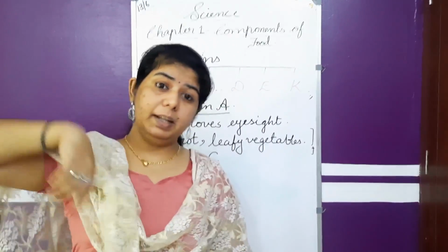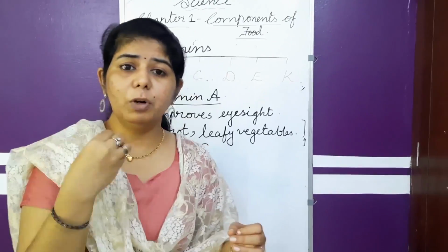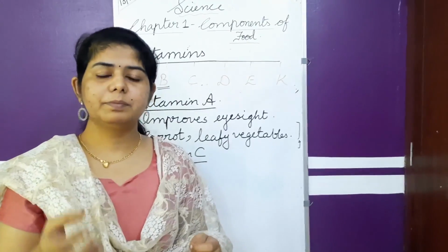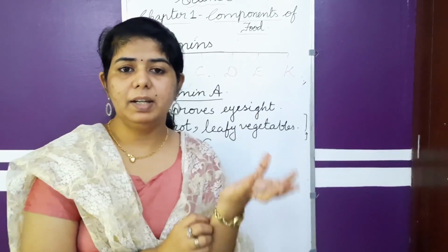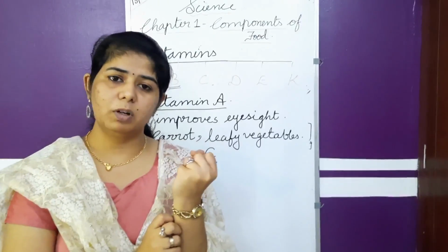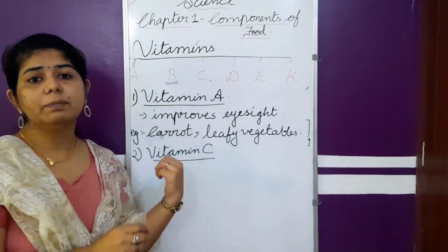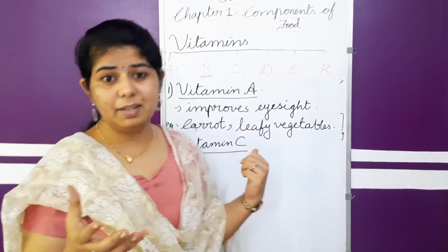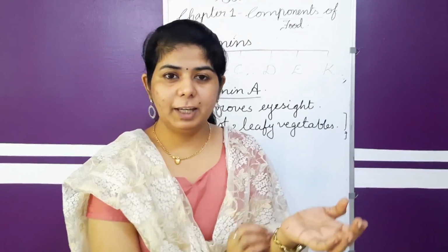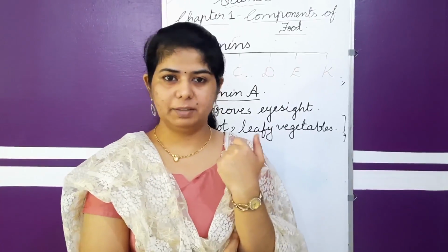So for healing it fast, if there is a cut or anything else, to heal that wound fast, vitamin C is very helpful. If you have food rich in vitamin C, it helps us to heal the wounds in your body.